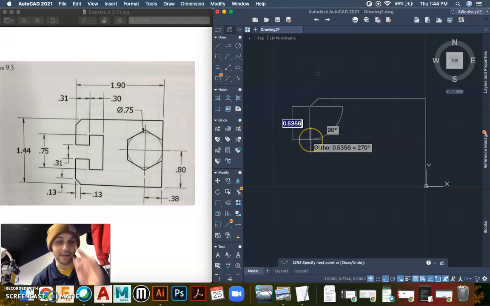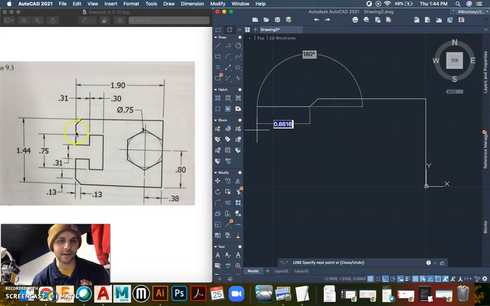And now I need to go down, which is another distance I need to figure out. How far is it from here to here now? So if I take 1.44 and subtract 0.31, I'm going to end up with 1.13. Then I'm going to have to divide that by 2.